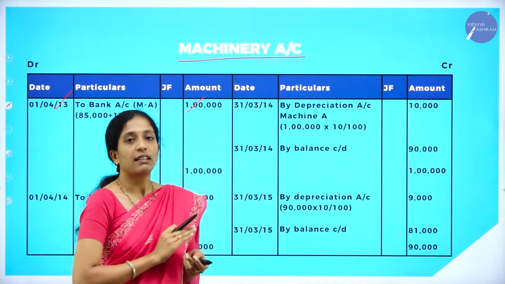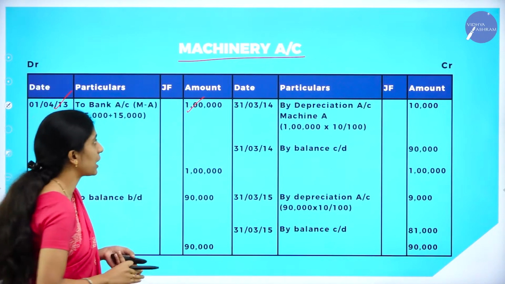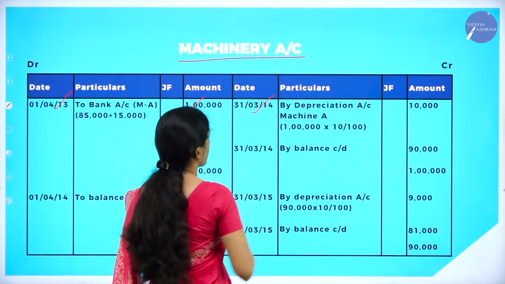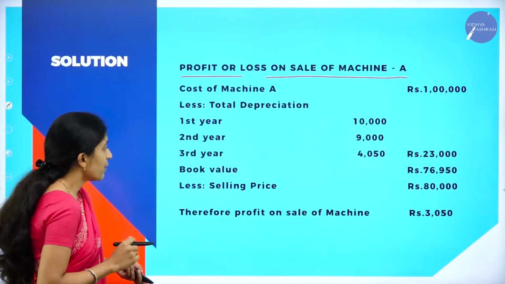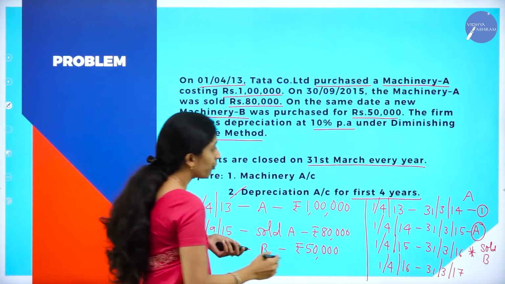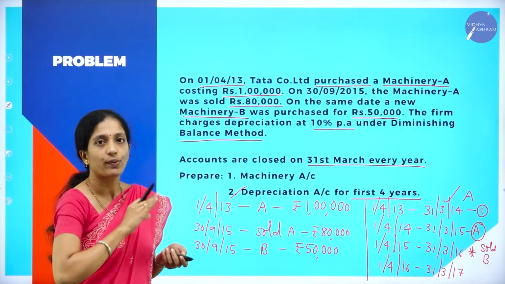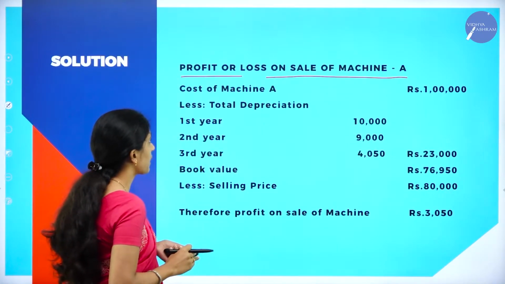Now in the first year nothing has happened, so we have to directly calculate the depreciation, that is 31st-3/2014, the end of the first year. For the whole year the machine was there in the business, so we have to calculate the depreciation.